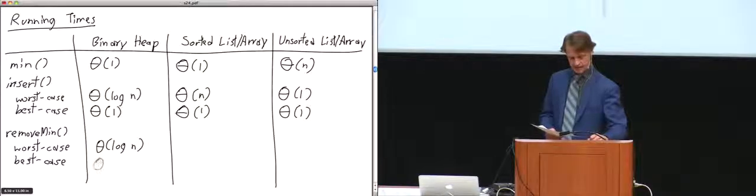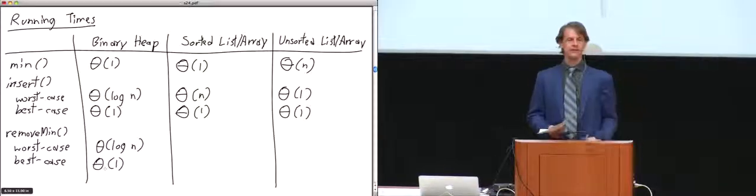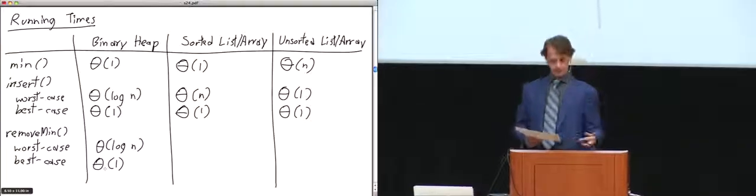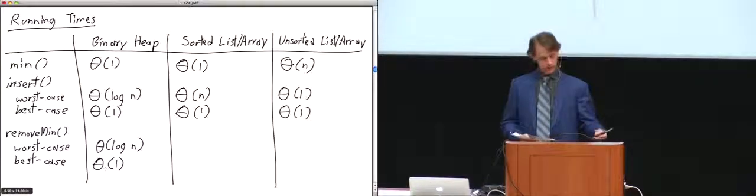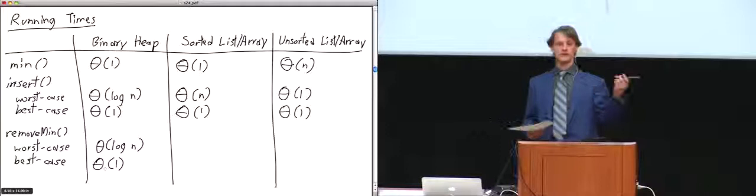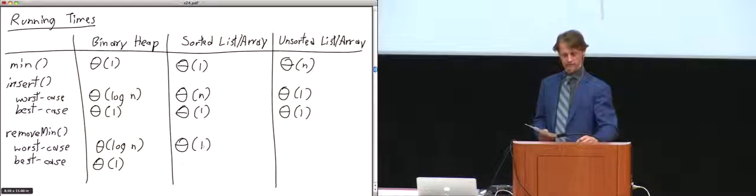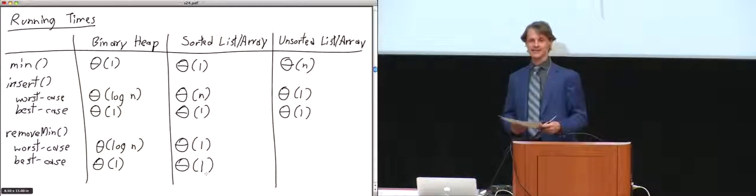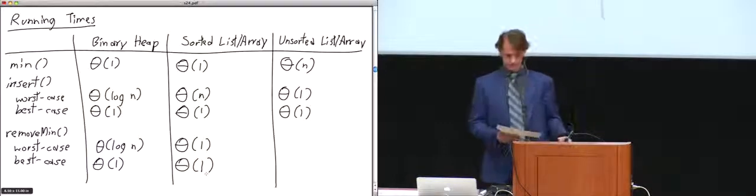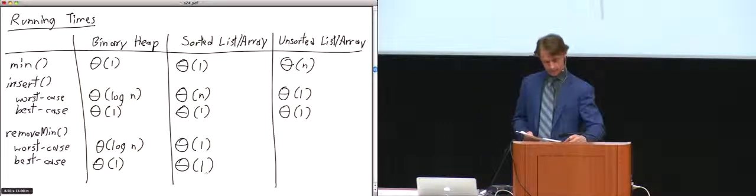And the best case time of theta 1 happens if every key in the heap is equal. For a sorted list, remove min is really fast because the list is sorted, so you know where the min is. Though if you're using a sorted array, keep it sorted from largest to smallest so that the smallest is at the end. That makes it easier to remove or add. For an unsorted list, remove min is really slow because you have to search through the whole list for the min.